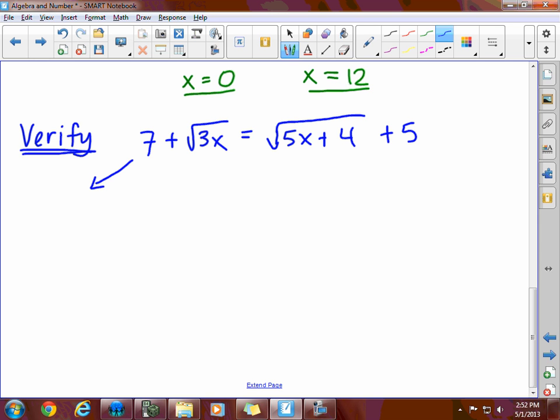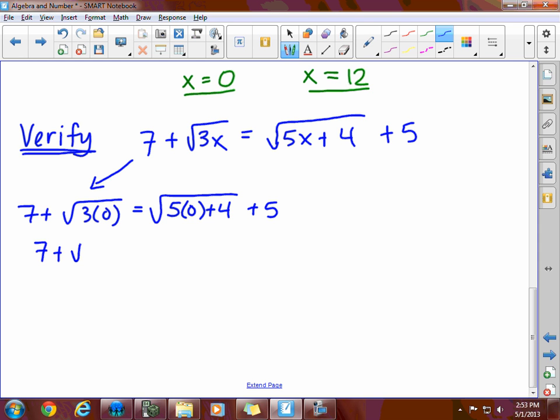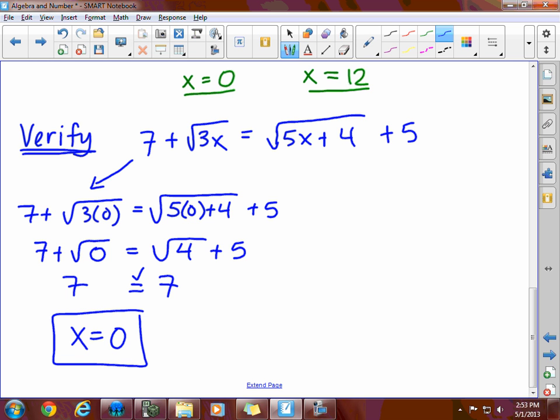So for x is 0, I have 7 plus the square root of 3 times 0 equals the square root of 5 times 0 plus 4, plus 5. So that gives me 7 plus the root of 0 has to equal the root of 4 plus 5. So this is 7 plus 0, so that's 7. And on this side, I have 2 plus 5, which is 7. So that means x equals 0 is one of my solutions because it does verify.